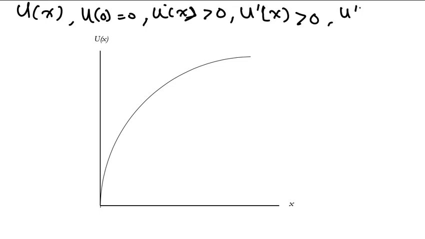However, U''(x) is negative. That means if this one is marginal utility, which is positive, this one shows that marginal utility is diminishing as we increase the payoff, for all x. That's what it means.